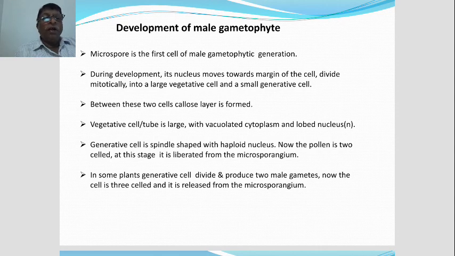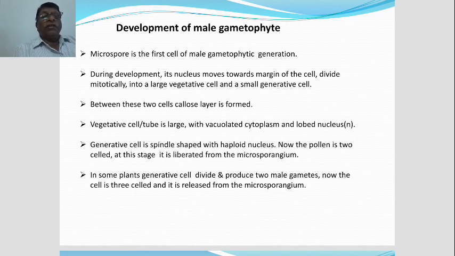A neat point. Now the pollen grain consists of 3 cells. At this stage, it is released outside from the microsporangium in 40% of angiosperms.